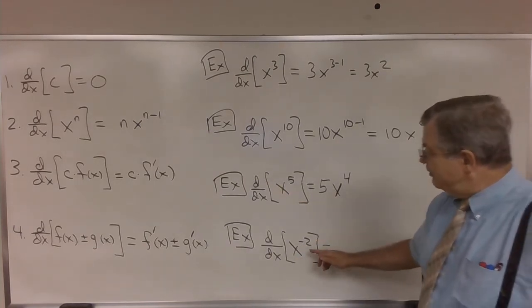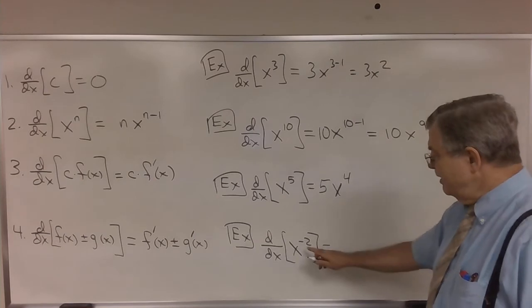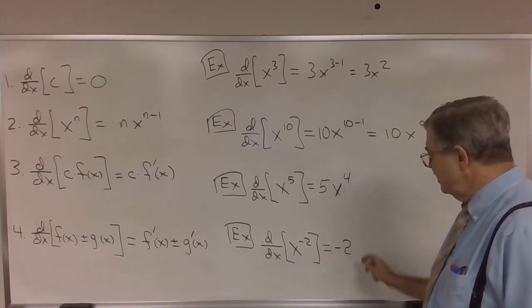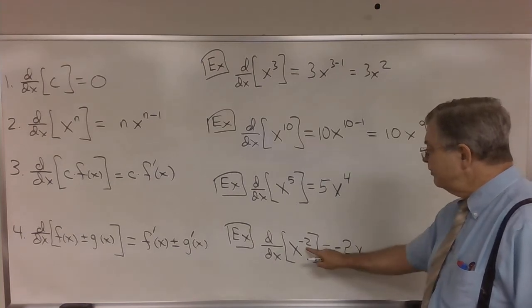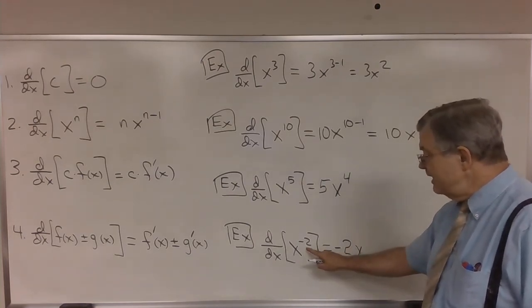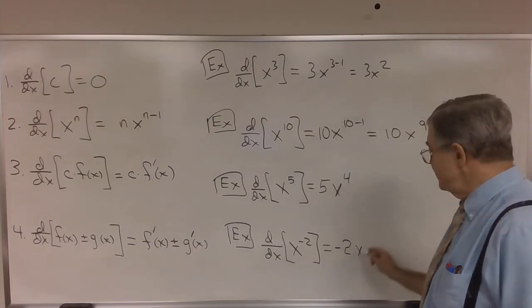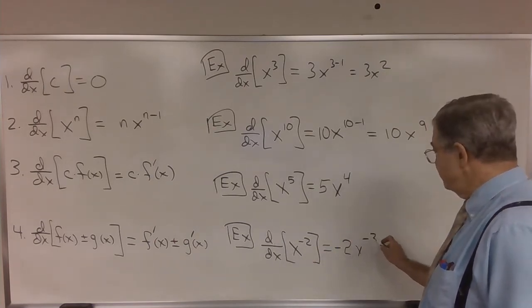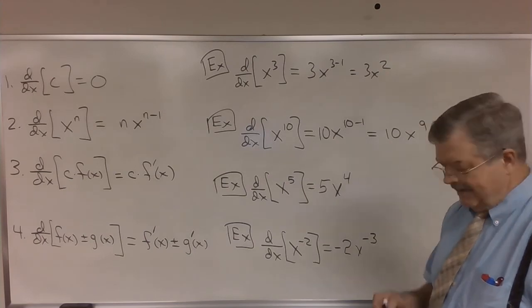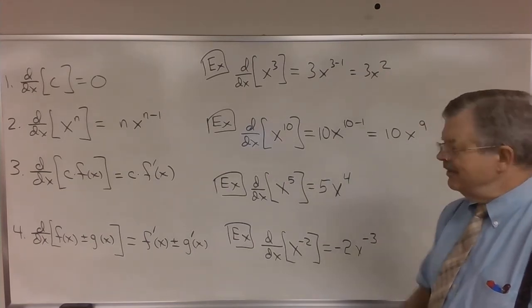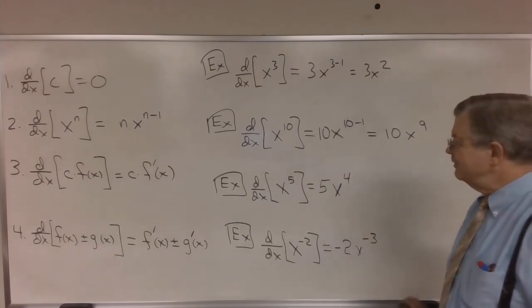And we do it exactly the same way. Bring the exponent down front as a multiplier, and then subtract 1 from the exponent. So negative 2 minus 1, negative 3. This really is so easy that even I can do it. Let's do some more examples.